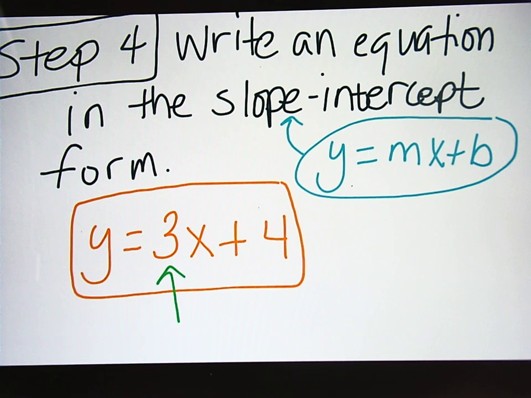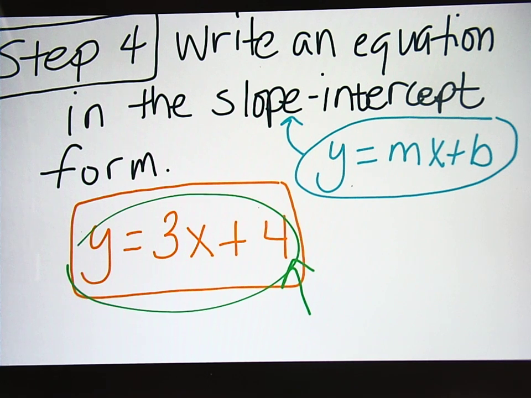Then once we solve the equation, we identify the value of b, the y-intercept, as being 4, and we plug that into the equation. And this equation, y = 3x + 4, is the equation for a line that is parallel to the very first equation that we looked at.